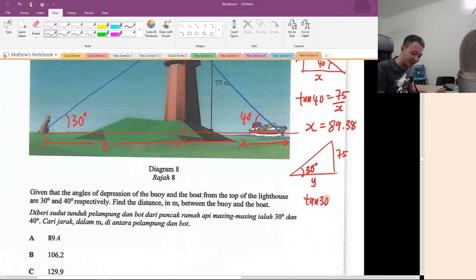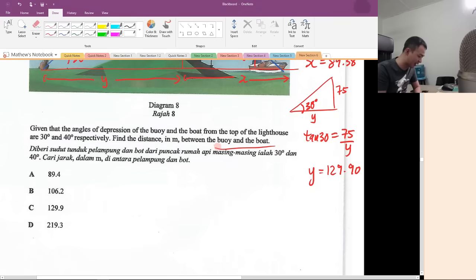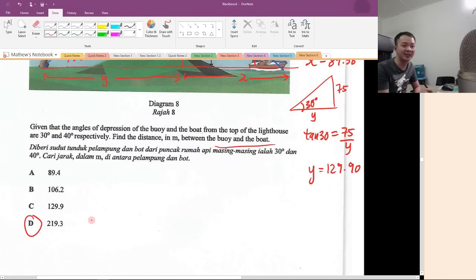Tangent 30 equals 75 over Y because opposite over adjacent. So Y equals 75 over tangent 30, which is 129.90. Then I add both together because they want to know the distance between the boat and the buoy, right? So you should get 219.3. So the answer is D.